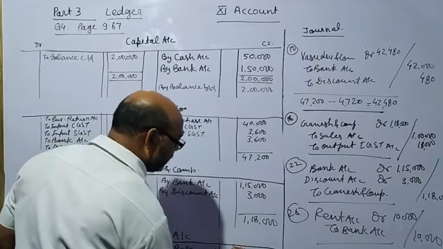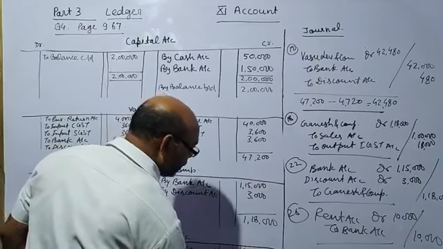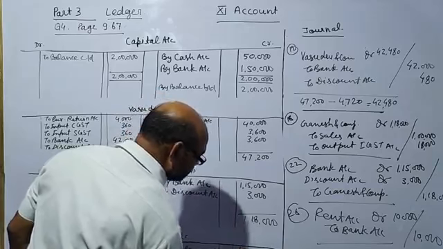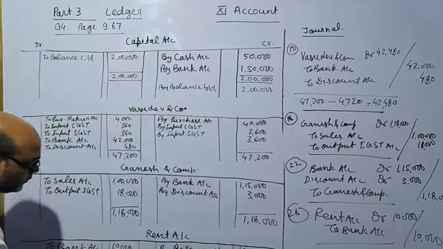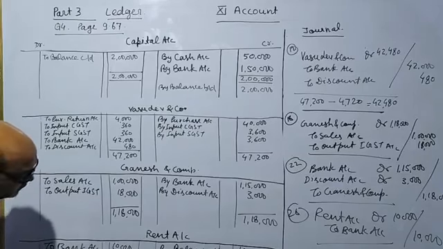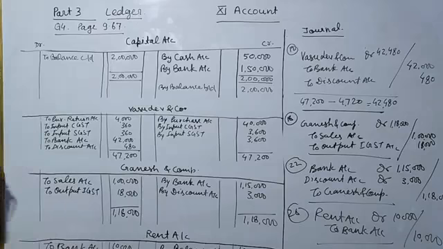This amount will be 10,000. You will make the total 10,000. And below the total, reverse side you will write to balance BD, that is 10,000.